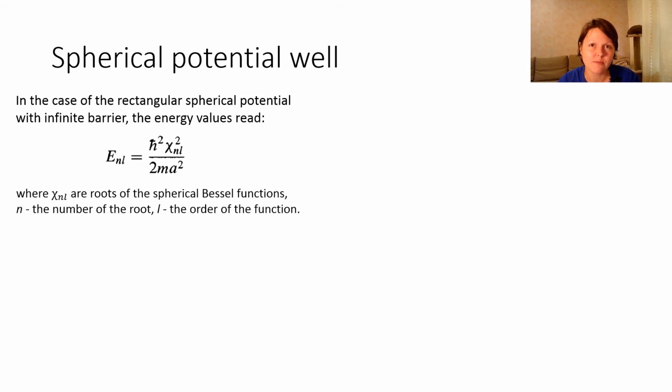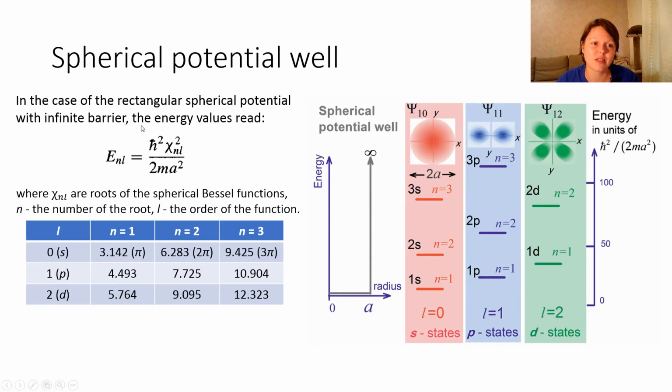In the previous slides, we transformed our three-dimensional problem into a one-dimensional problem, and now we are dealing with a rectangular spherical potential well with an infinite barrier. The energy values inside of this well can be written like this, and these are the roots of the spherical Bessel functions.